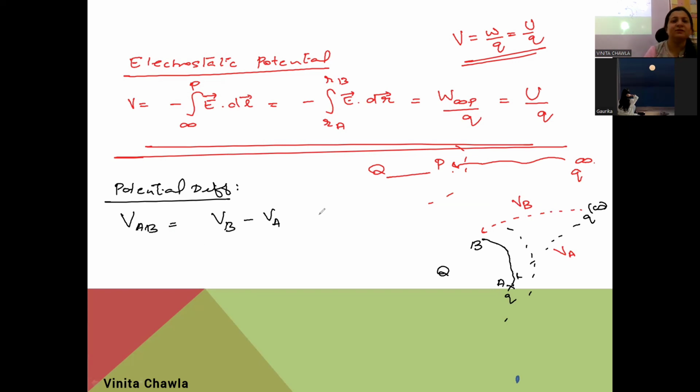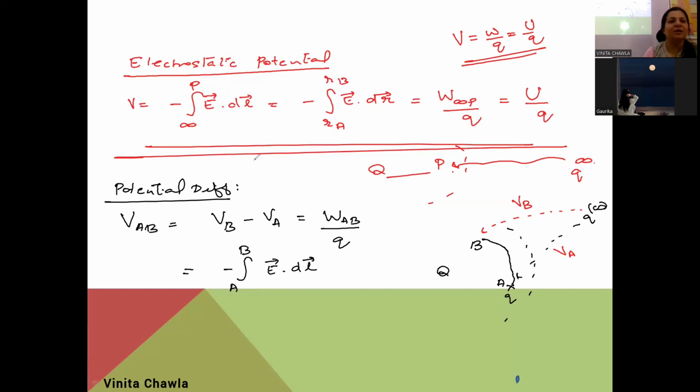And this potential difference is equal to the work done in moving the charge from A to B divided by the charge, the charge that we are moving from A to B. So work done in moving the charge from A to B divided by Q. Or we can write this as negative integral A to B vector E dot dl. Now you can see the limits have changed.